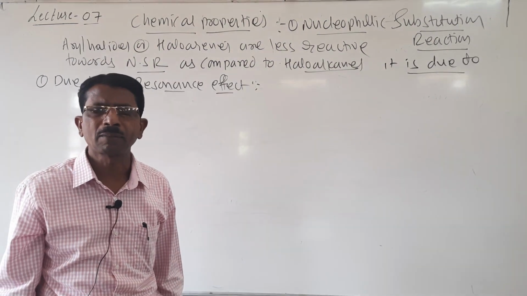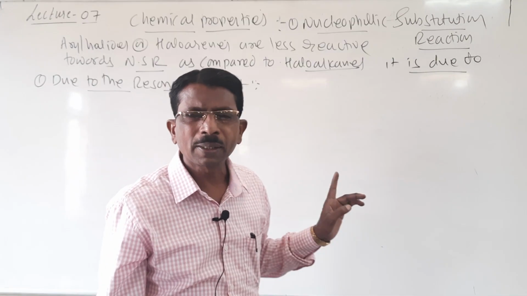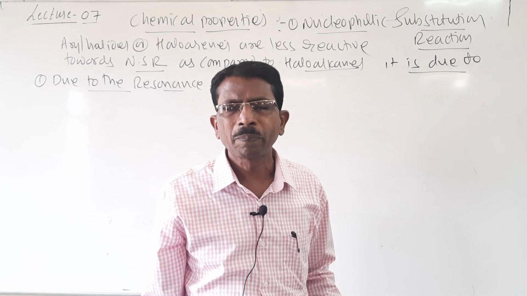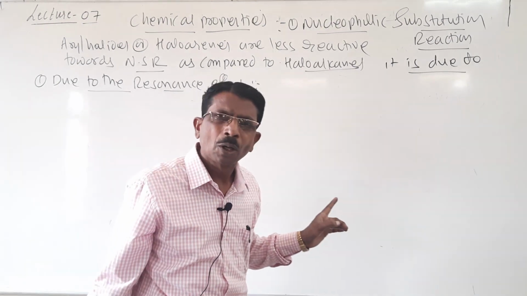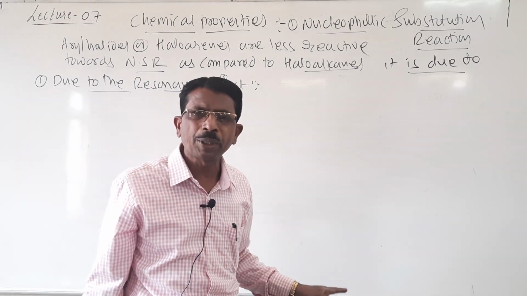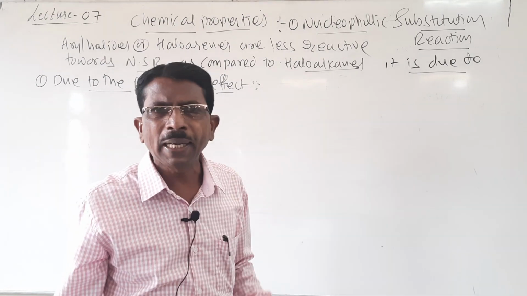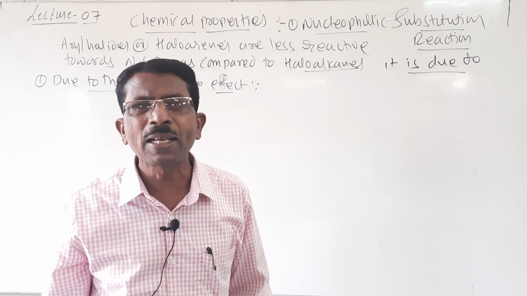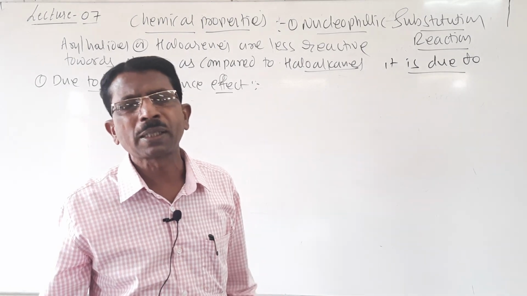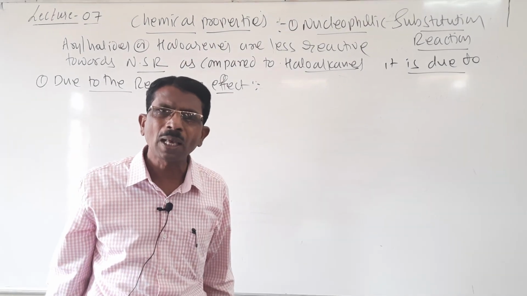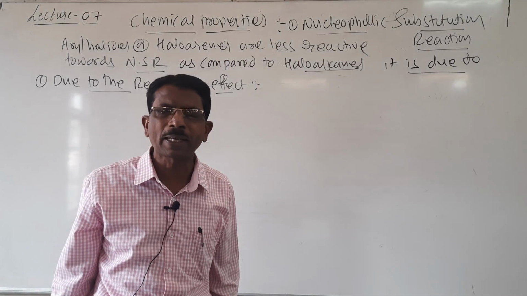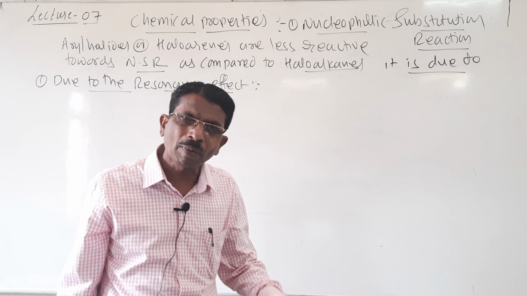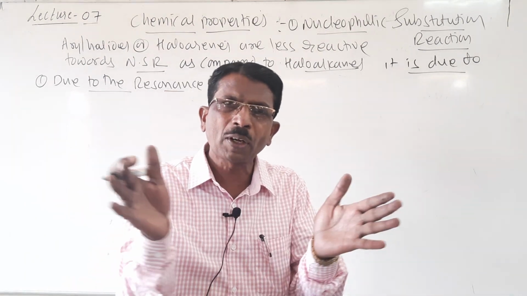What happens here? In haloarenes, the electron pair present on the chlorine atom is in conjugation with the pi electrons of the benzene ring and is resonance stabilized. Due to this resonance, the C-X bond acquires a partial double bond character, so the bond length decreases.